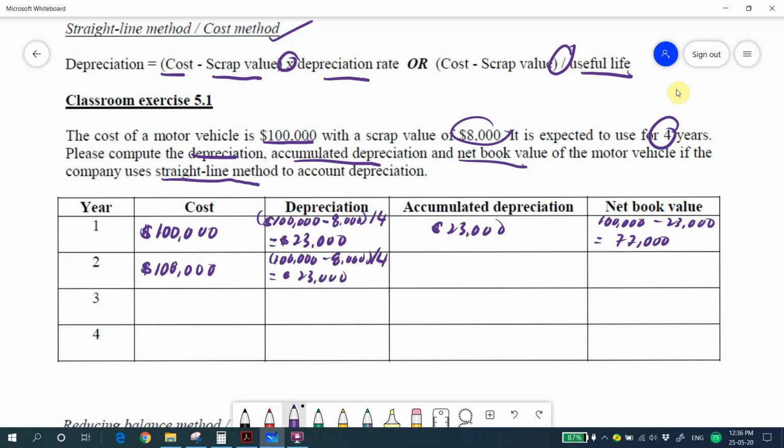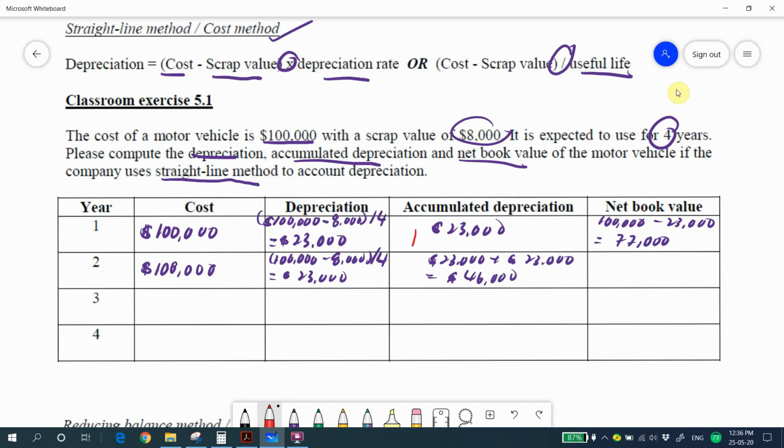So what is the accumulated depreciation? It means the total depreciation of this asset over the period. The total accumulated depreciation at year 2 will be 23,000 plus 23,000, so we get 46,000. How do we get these two amounts?